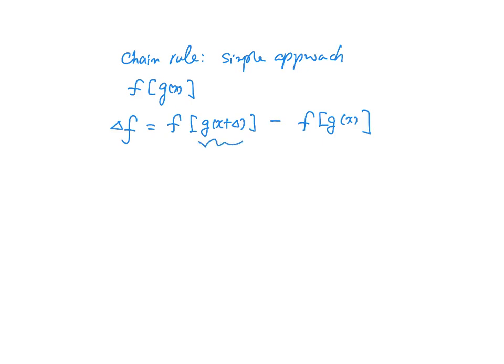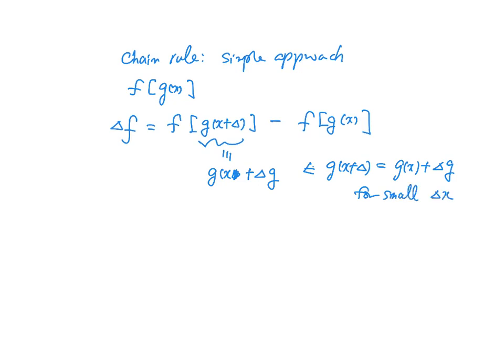So this change of function can be written as f of g(x) plus delta g, correct? I mean g(x plus delta x) can be written as g(x) plus delta g for small delta x.